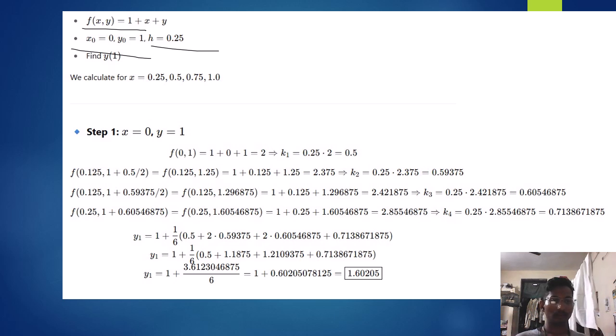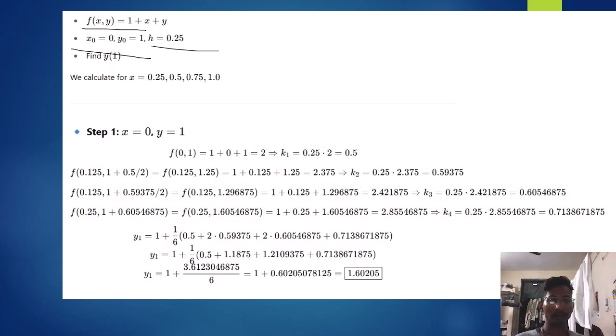Step 1: x is equal to 0, y is equal to 1, and f of 0, 1 is equal to 1 plus 0 plus 1, which is 2. k1 is equal to 0.25 into 2, which is 0.5.